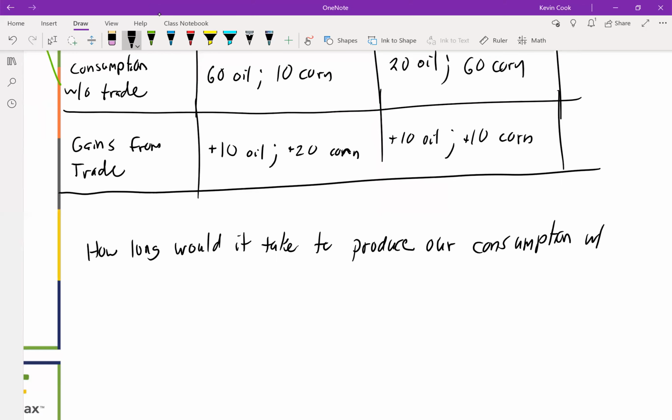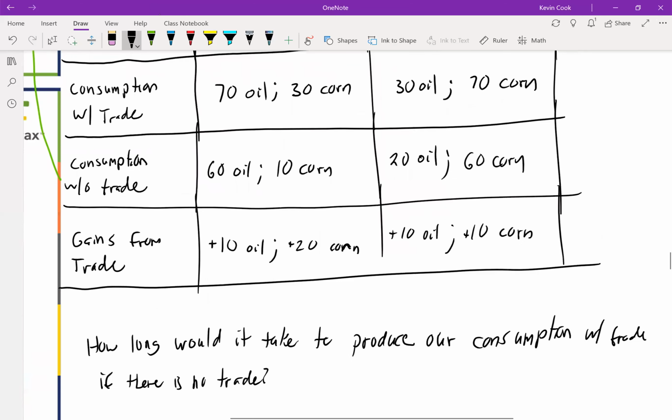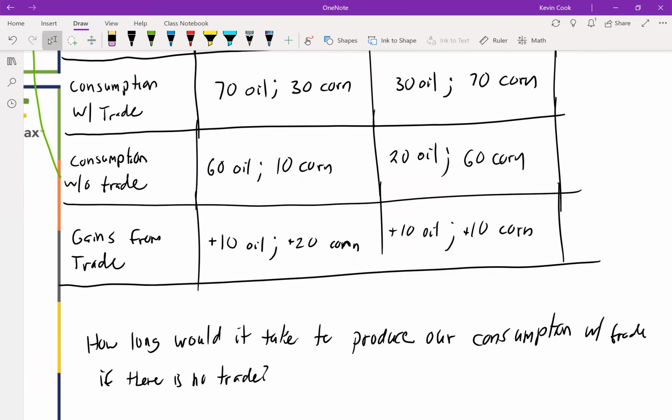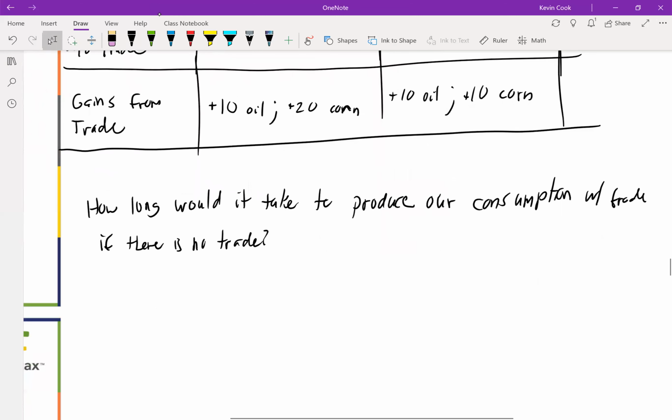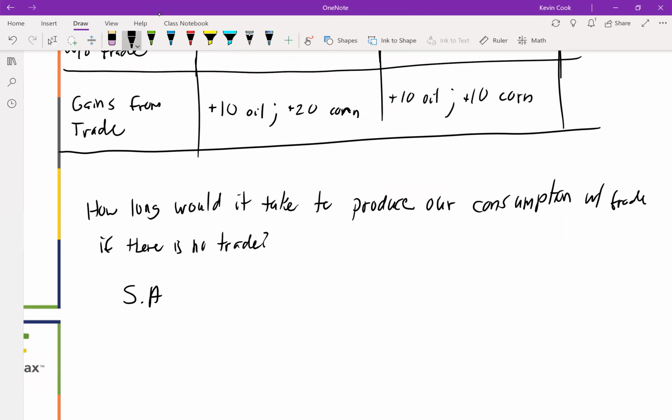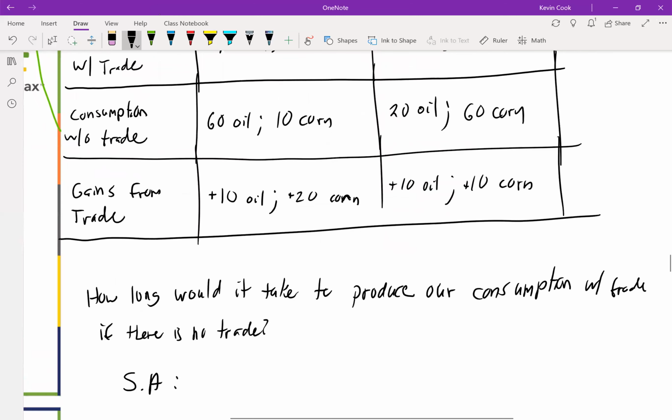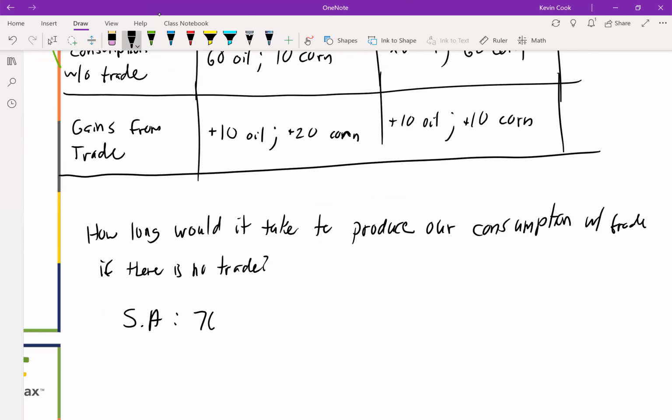So, our consumption with trade, if there was no trade. What I'm interested in is, could Saudi Arabia produce 70 oil and 30 corn, or could the US produce 30 oil and 70 corn? So for Saudi Arabia, we saw that we now have 70 oil, and at the beginning of class we saw it took 1 hour to produce an oil.